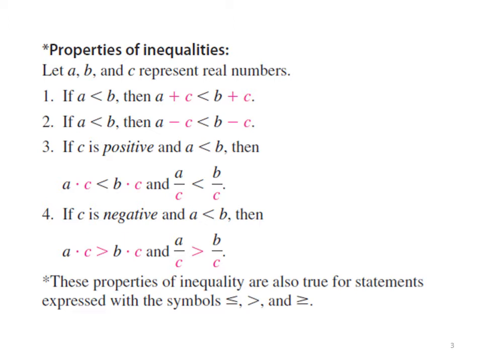If you multiply or divide by a positive number, the direction does not change. If you multiply or divide by a negative number, the direction of the inequality changes. Now, using these properties, we'll be able to solve inequalities in general.